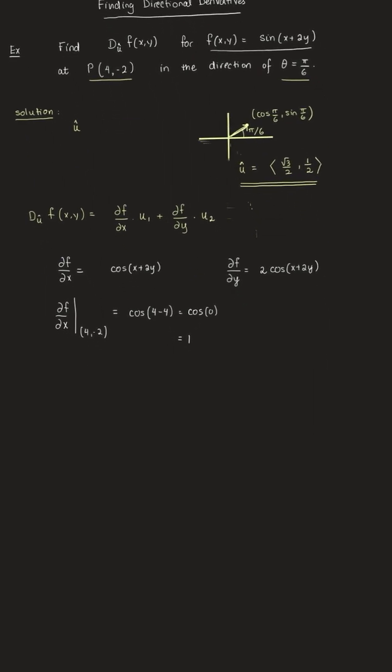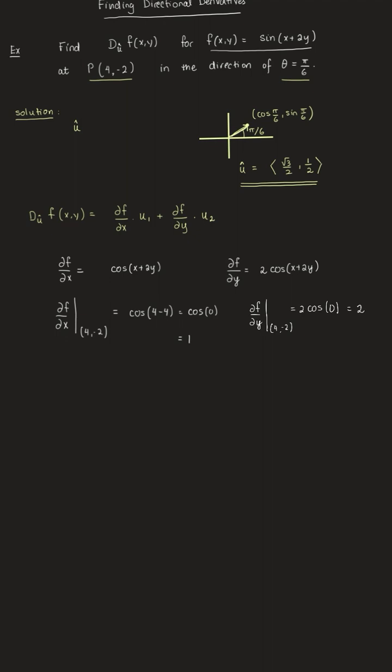And similarly, we'll find the partial of f with respect to y at the point (4, -2). This is the same thing, times 2, cosine of 4 minus 4, and that will just be a 2.